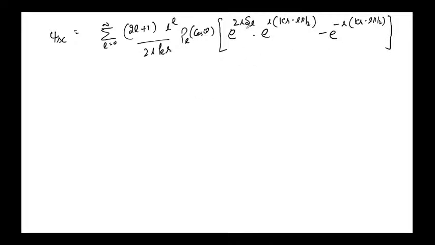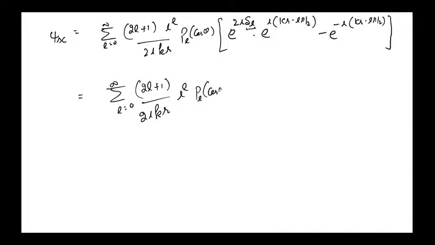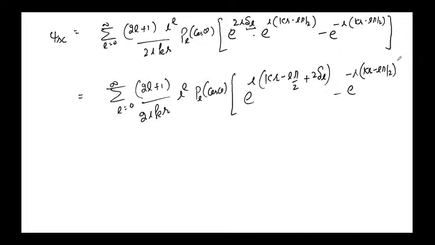So if we introduce this phase shift within this exponential function, this becomes exponential of i kr minus L pi by 2 plus 2 sigma_L, minus exponential of minus i kr minus L pi by 2.